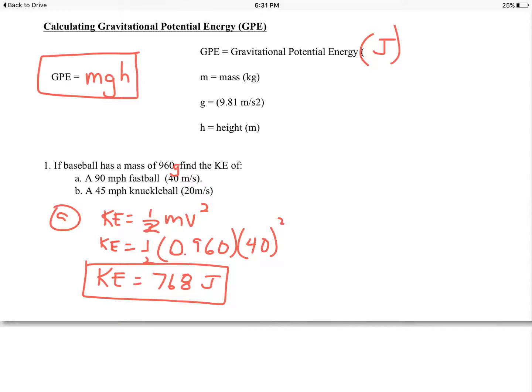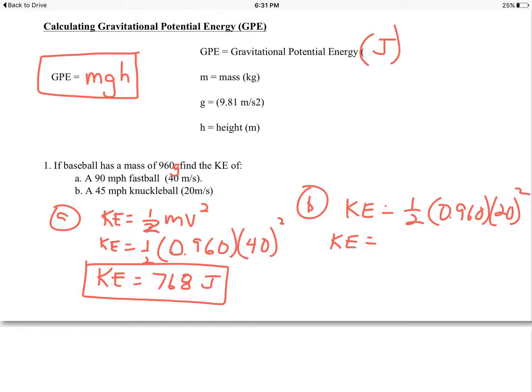That same ball, though, thrown half as fast, say a knuckleball, the kinetic energy is going to be 1/2 times the same mass, 0.960, times 20 squared. So the kinetic energy in this case comes out to be 192 joules.